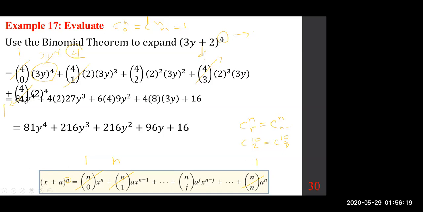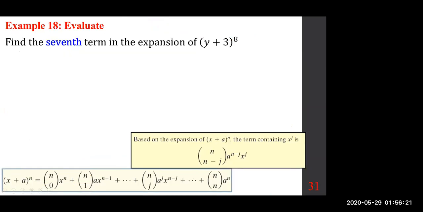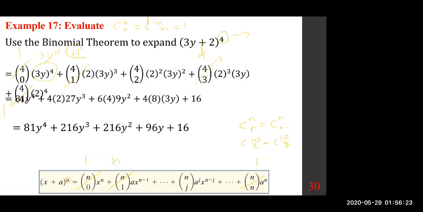Let me just go back to it. Okay. Now, it's important to know that 3 to the power of 4 is 81. That's how we end up with 81y to the power of 4. Okay. So then 4 times 2 times 3y cubed is 27y cubed. And that's how we end up with 216y cubed.